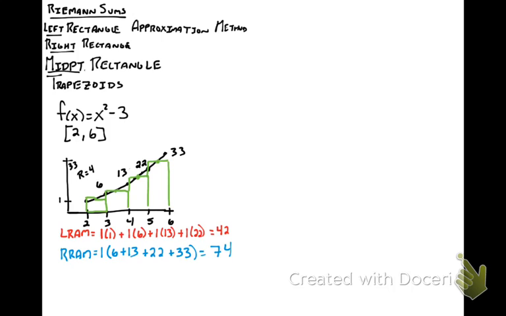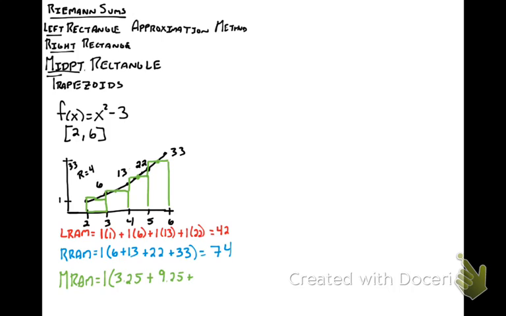So let me calculate what these values will be. For my midpoint rectangle approximation, the width of all my rectangles is still 1, and when I calculate the height at 2.5, the height is 3.25. The height at 3.5 is 9.25.